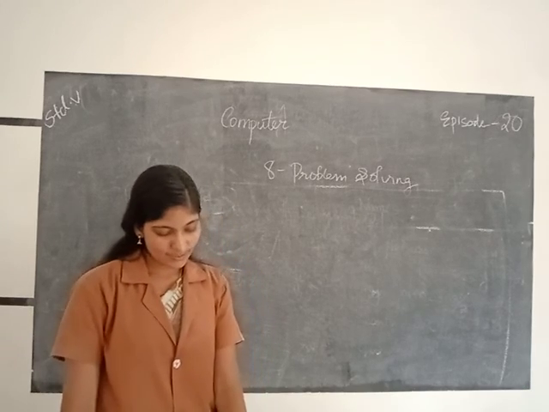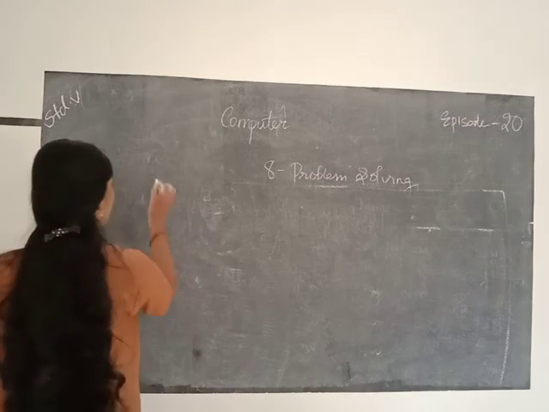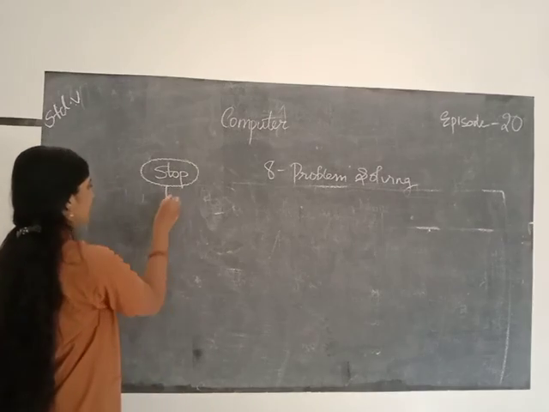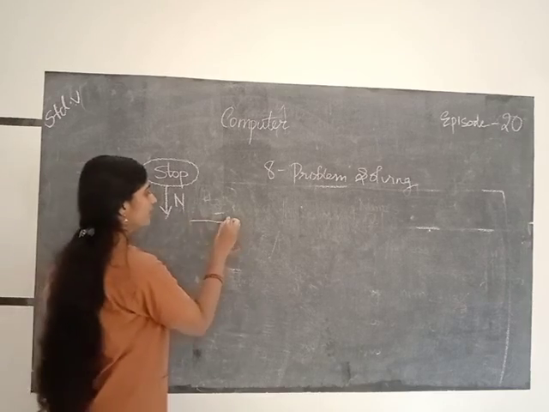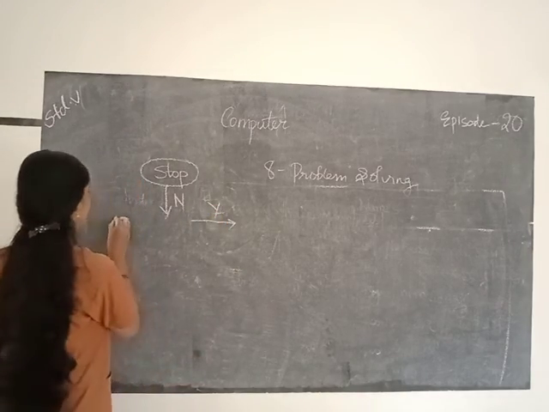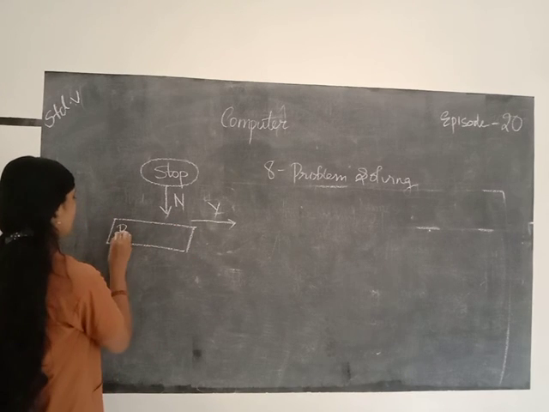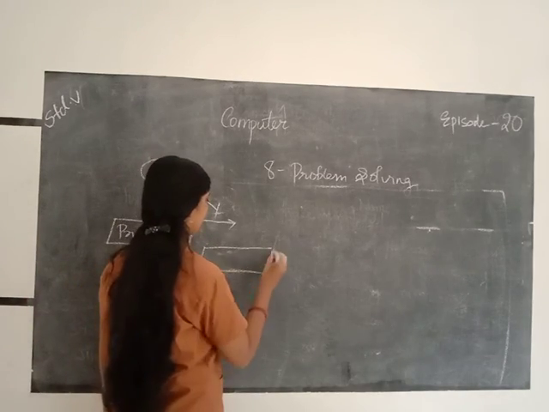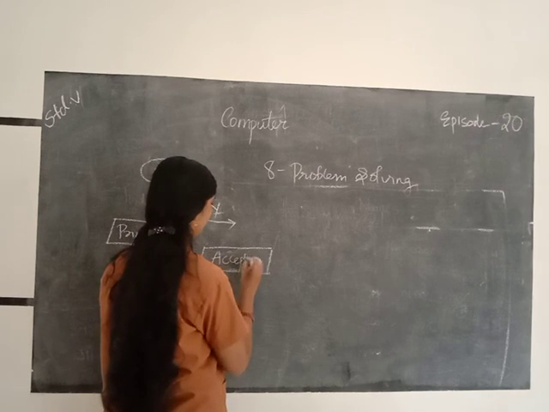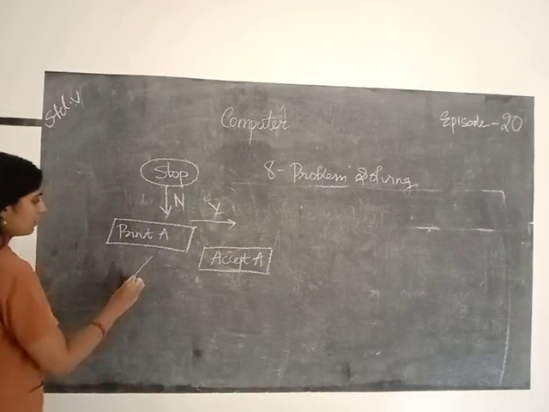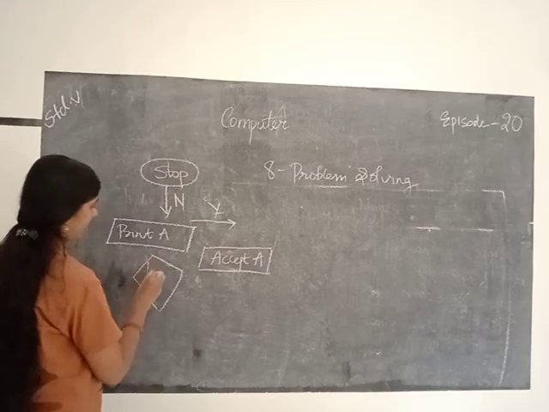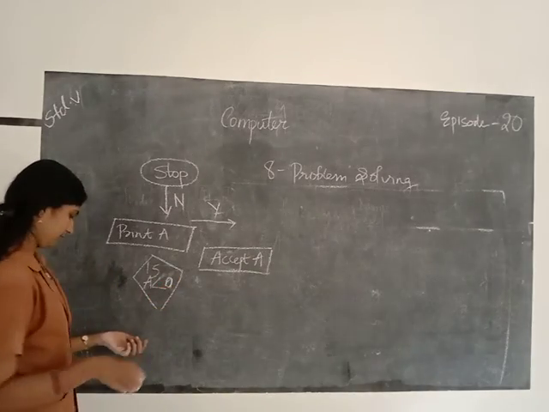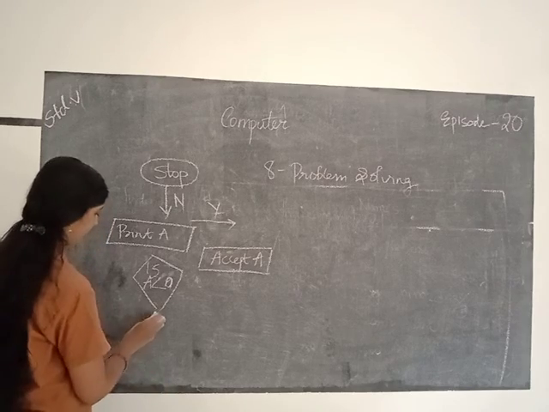Okay, so the question is like this: stop, then a flow line, then another flow line, then next print A, then next accept A, then a decision box, that is A less than 0, then start.